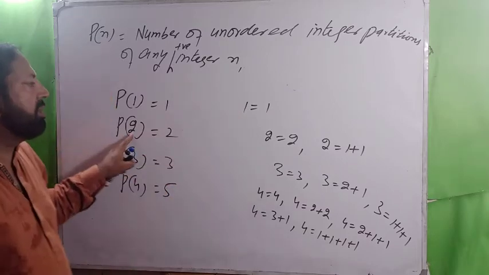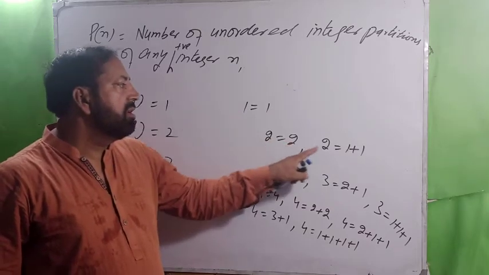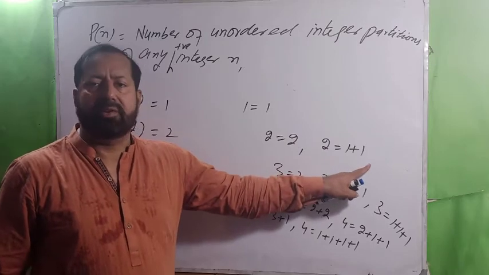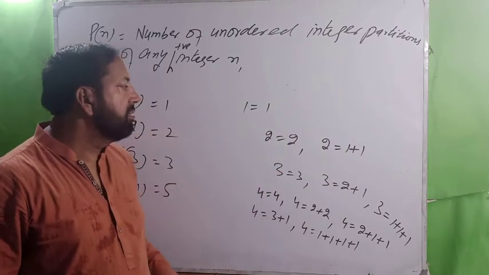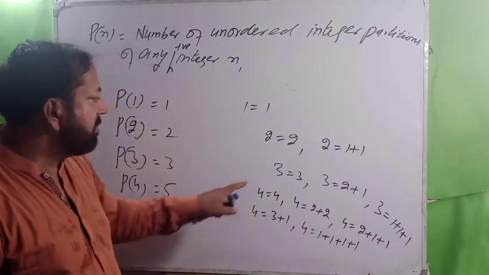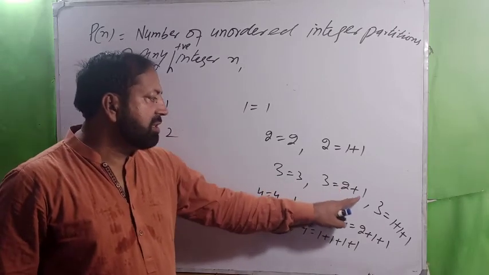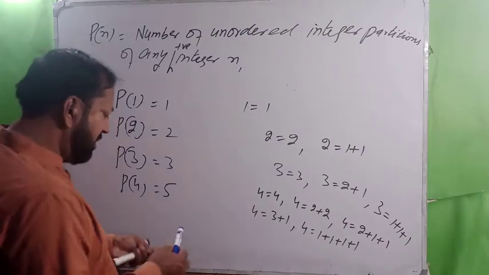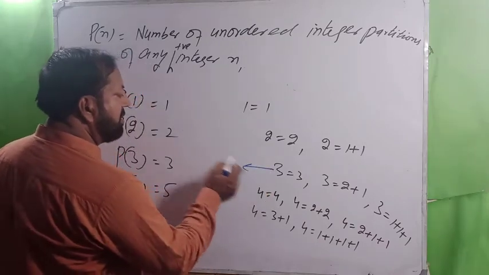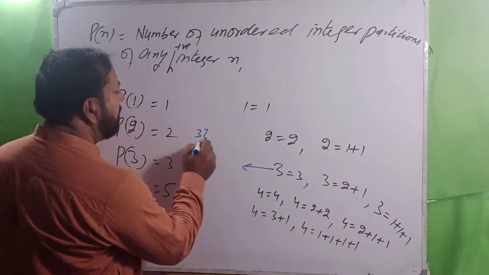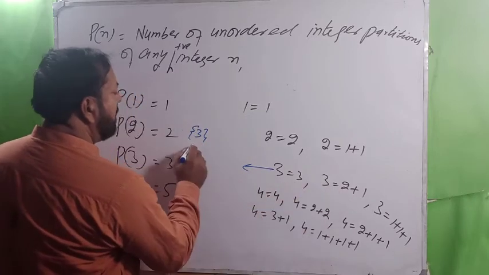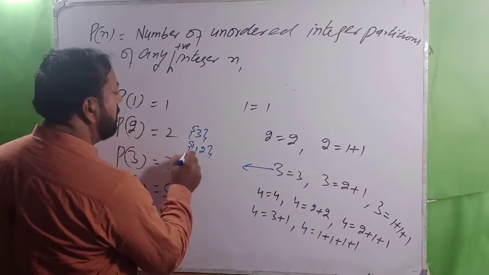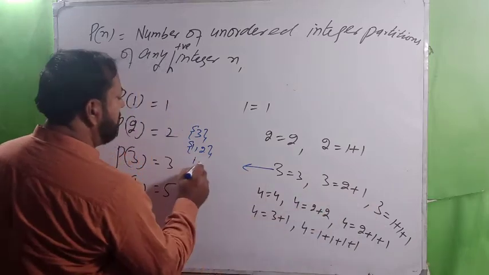P2, 2 can be written in 2 ways: 2 is equal to 2 and 2 is equal to 1 plus 1. So you have 2 partitions for 2, right? 3 is equal to 3, 2 plus 1, and 1 plus 1 plus 1. So you can write these partitions as 3, 2 plus 1, and another partition 1, 1, 1.